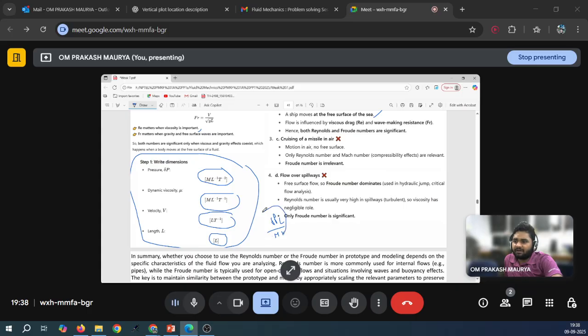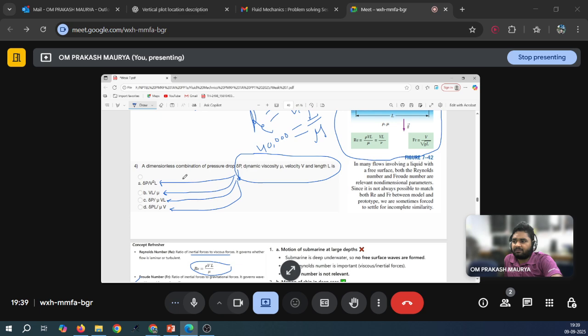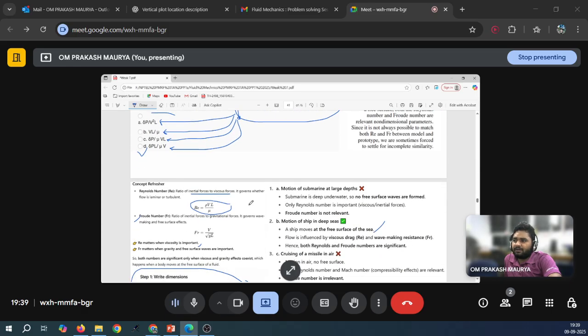Yes, this will be the correct combination: delta P L divided by mu V. This one, option D, will be correct here. So like that you can proceed.